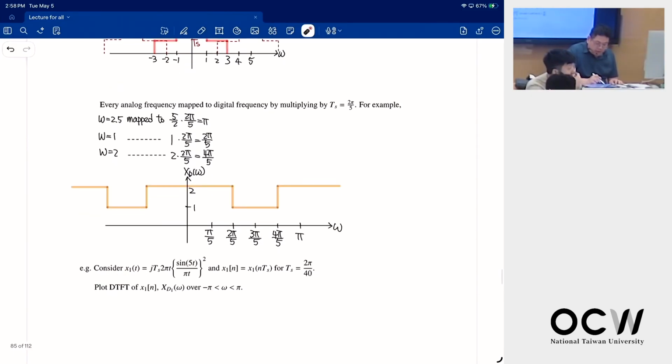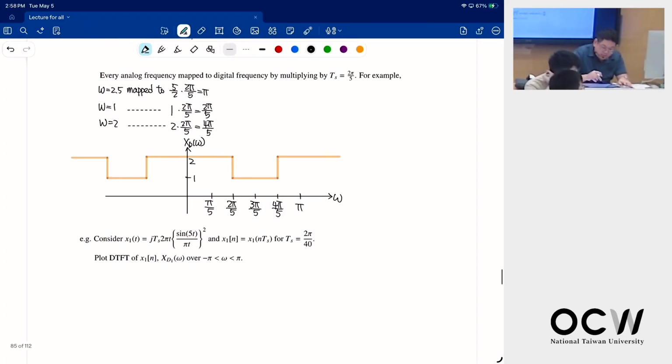Now consider another signal. I have this signal in imaginary part, and then I sample it at 2 pi over 40. I need to plot the DTFT of x1. So for this one, we can rearrange the expression of x1 first.